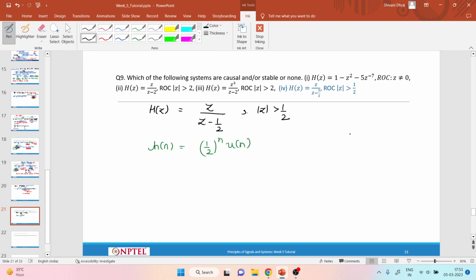Now let us look at its region of convergence. We have this circle of 1 by 2 and a pole here, and this is my unit circle, of radius 1, and the region of convergence is something like this.